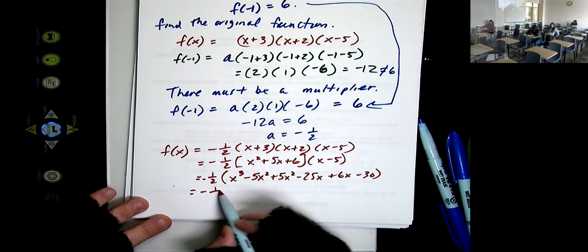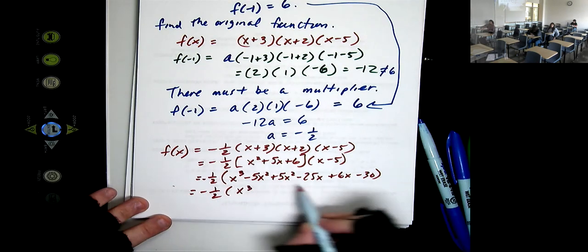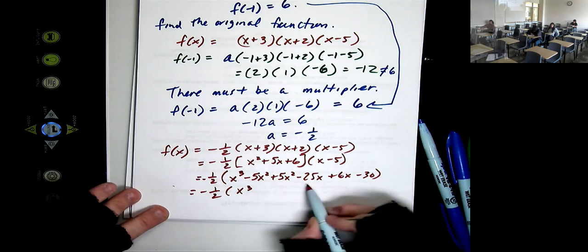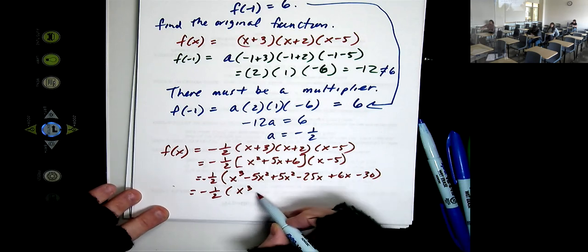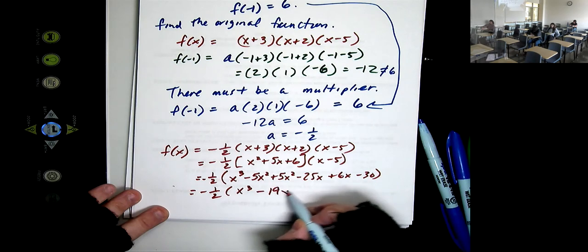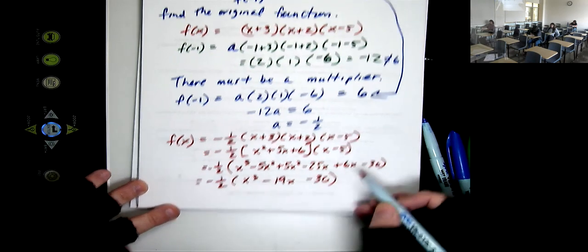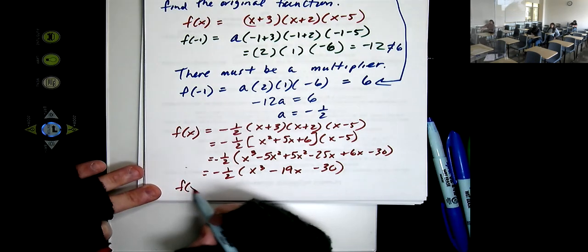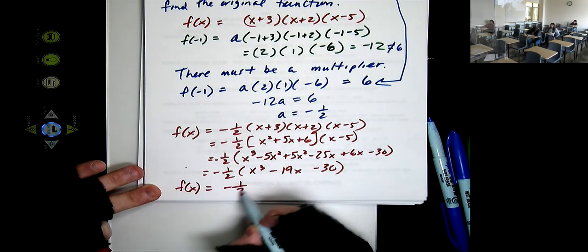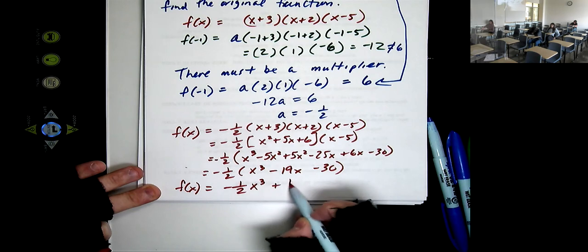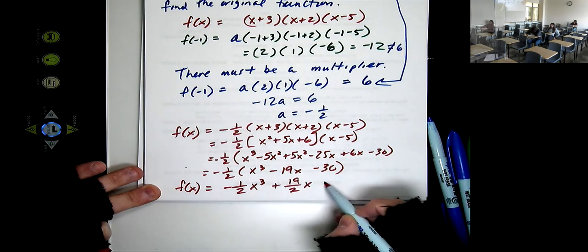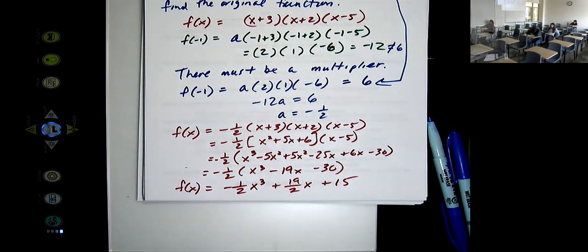So I've got negative 1/2 x cubed. The x squareds go away, right? Negative 19x minus 30. So that's got to be the original function.